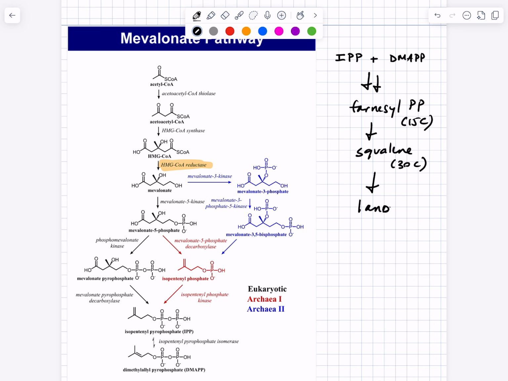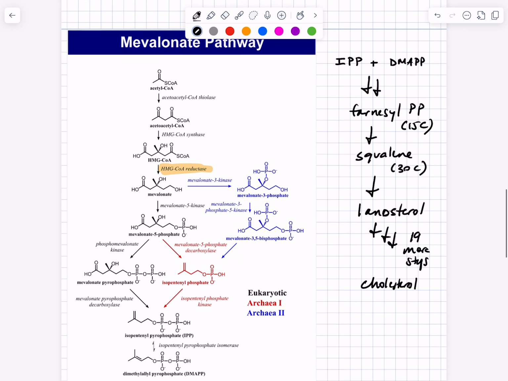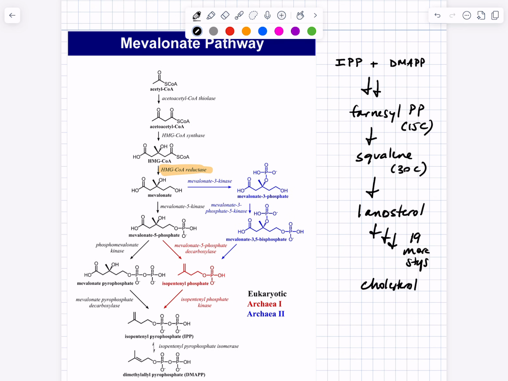Squalene eventually gets cyclized to something called lanosterol, and then there are like 19 more steps, and then you finally get to cholesterol. So, massively long process, inhibited really early on, and it has the effect of lowering cholesterol. Apparently without messing with a lot of the other hormones that are also derived from cholesterol, which is kind of interesting. Okay, anything you want to know about statins that we haven't talked about?